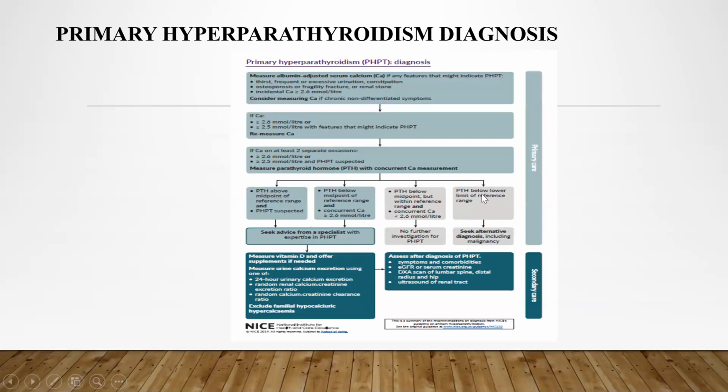But if the parathyroid hormone level is below the lower limit of the reference range, it means low, so we're going to think about other diagnoses such as malignancy. And as I said, we have to exclude familial hypocalciuric hypercalcemia by measuring 24-hour urinary calcium excretion and random renal calcium to creatinine excretion ratio.